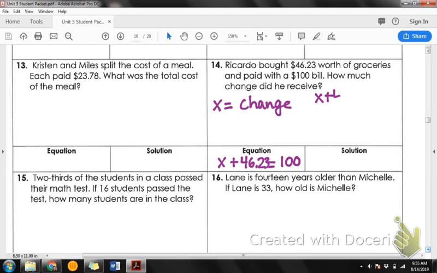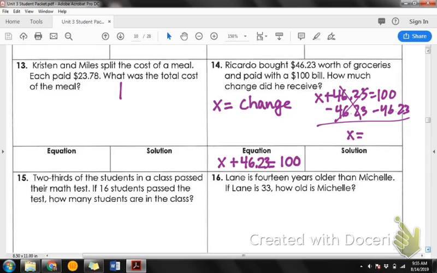So if I have X plus 46.23 equals 100, to get X by itself, indeed, we do need to subtract from both sides. What do you get when you subtract 46.23? You guys can use your calculator if you need to. 53 what? 53.77. Is anyone else getting 53.77?